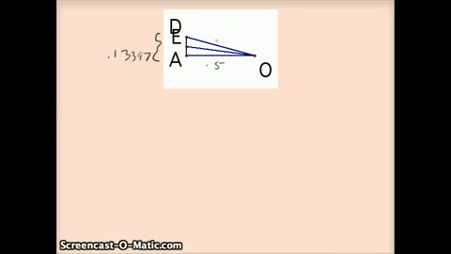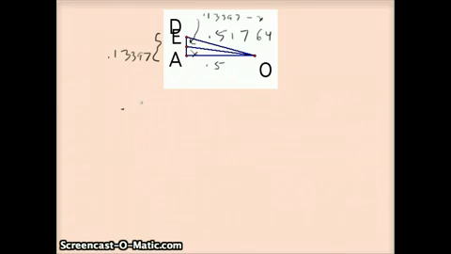And OD I calculated using the Pythagorean theorem, because this AOD is a right triangle, to be 0.51764. Well, if I call AE x, since that's the thing I'm trying to calculate, then DE will be 0.13397 minus x.